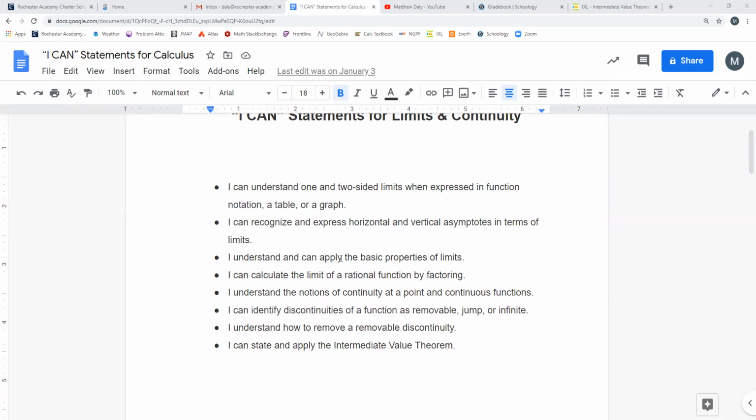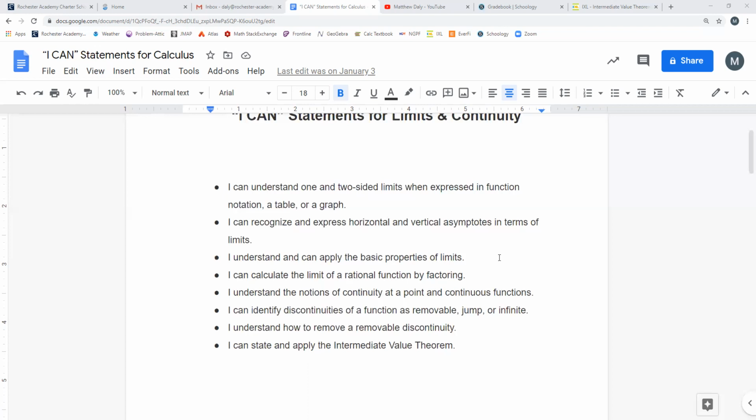I understand and can apply the basic properties of limits. So the basic properties of limits, I will give you a cheat sheet at some point in the near future when we get the definition of derivative down and start covering some examples of derivatives. But the basic properties of limits just boil down into what we were calling Rule 1.